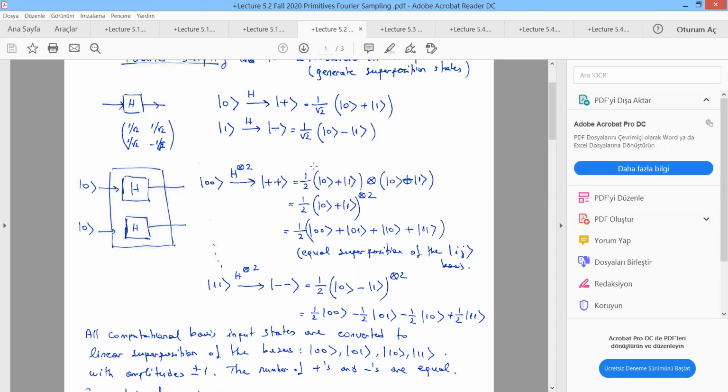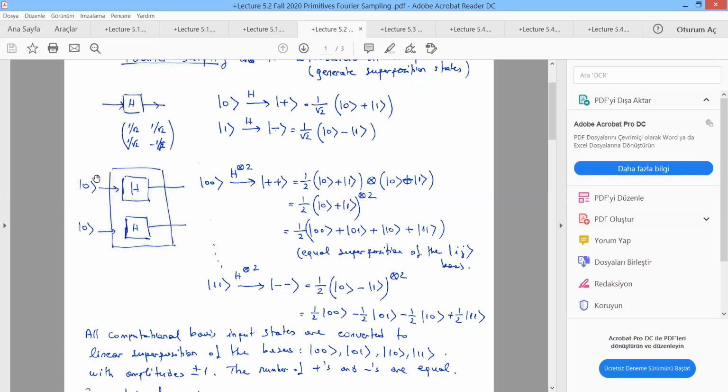If you compute this, this is |+> tensored with |+>. In other words, 1 over 2 (|0> plus |1>) tensored with (|0> plus |1>). As we have seen before, you'd obtain an equal superposition of all the basis states, 1 over 2 (|00> plus |01> plus |10> plus |11>). This is an equal superposition of all the |ij> available basis states.